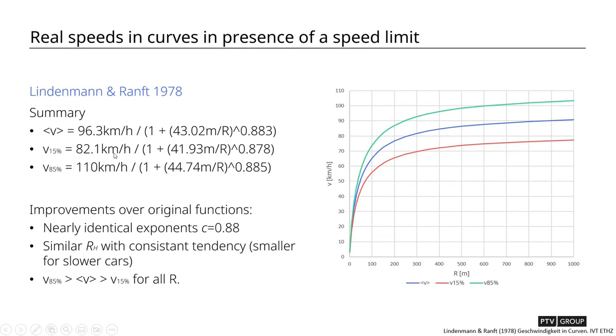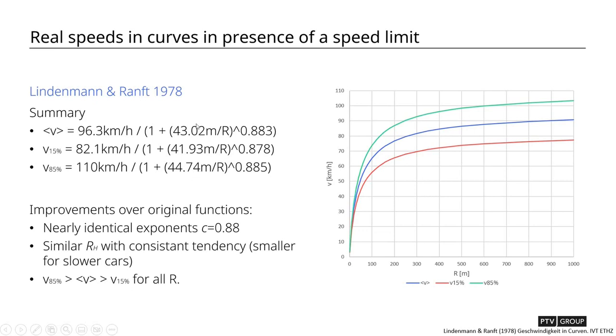And placing the three new functions next to each other, we see that the radius constant is in fact similar for all, but now also the exponent is similar for all three cases. So they are different in effect only for the speed constant in the denominator. You could say that for the radius constant there is a trend. The smaller the speed, the smaller this radius constant value is.